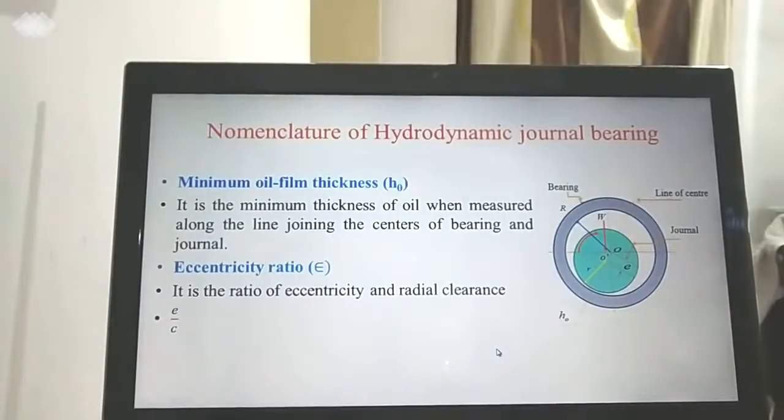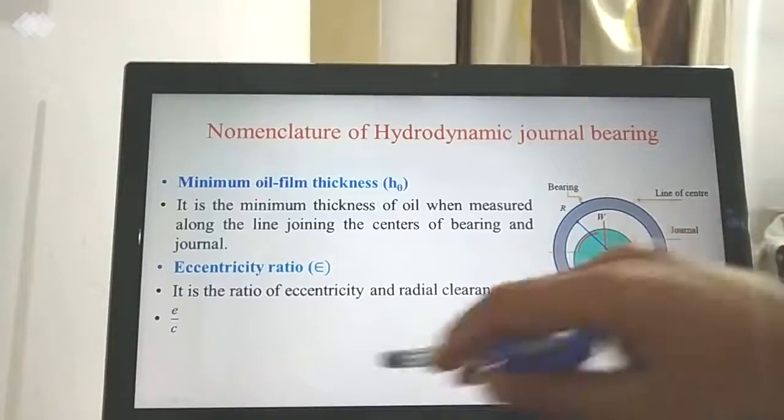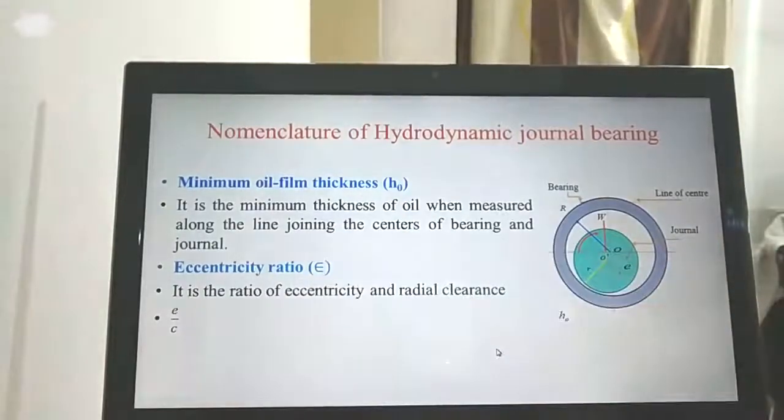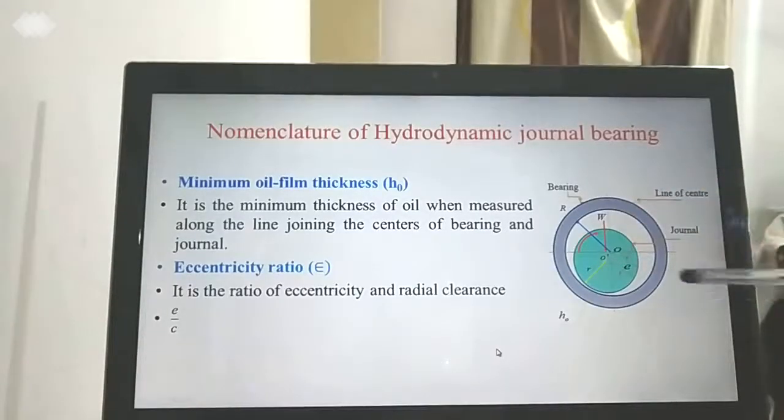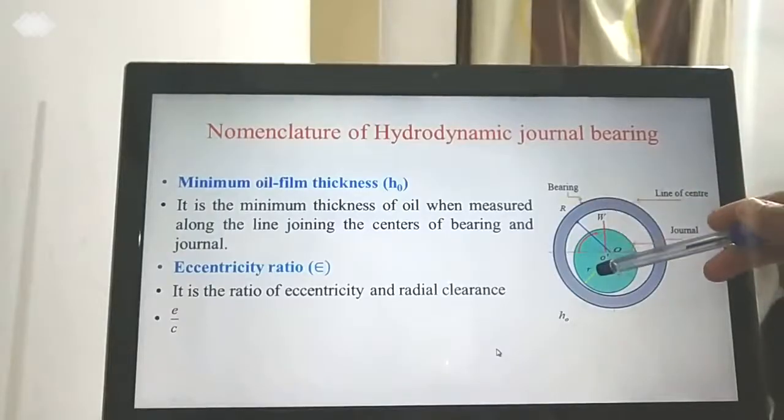Then eccentricity ratio denoted by epsilon. It is the ratio of eccentricity and radial clearance, that is e divided by C. e is the distance between the two centers of journal and bearing, and clearance is R minus small r.